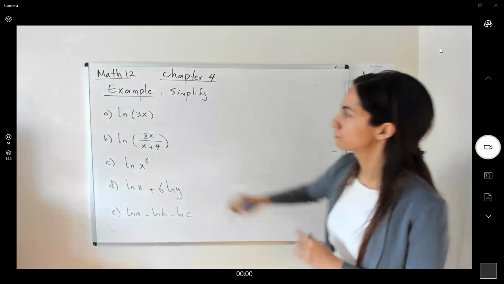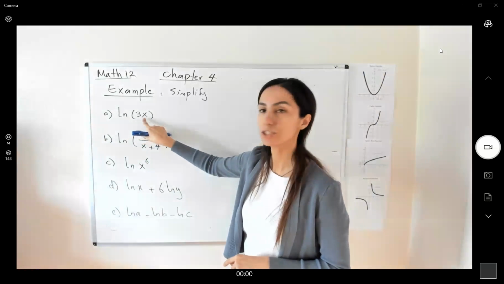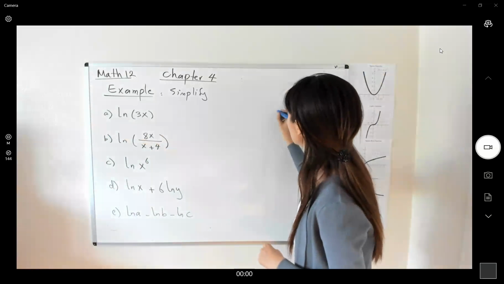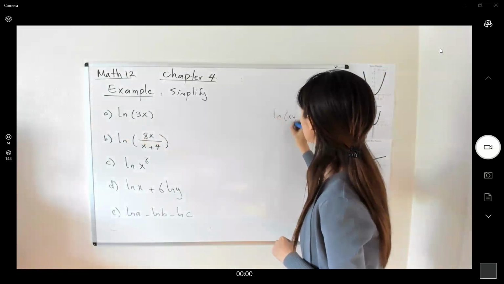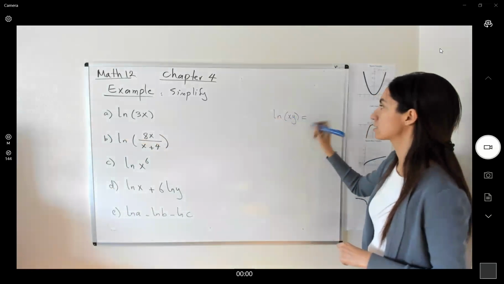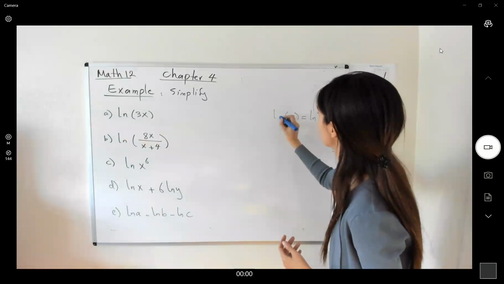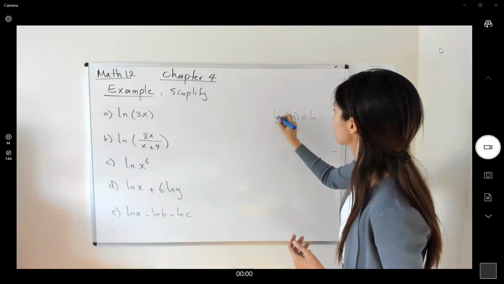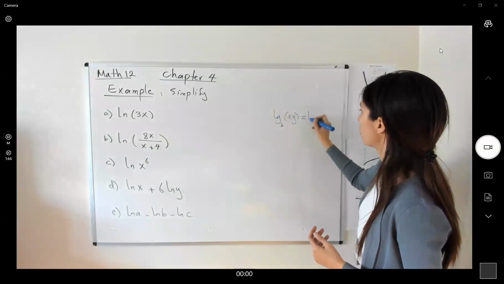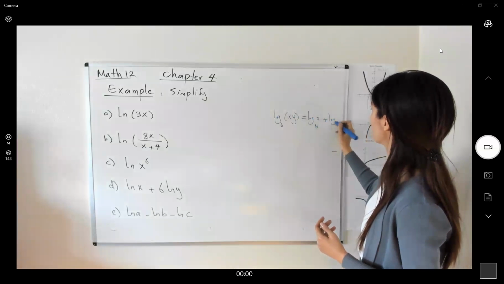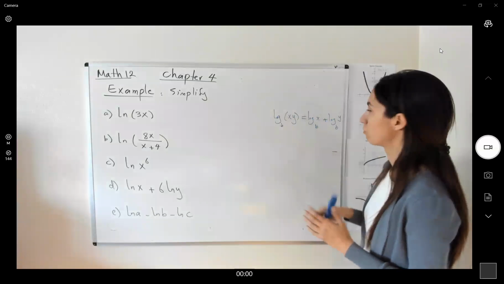There we go. We have ln of 3 times x. Here you have multiplication between two values, x times y. If you apply the logarithmic properties, it's the log of x plus log of y.